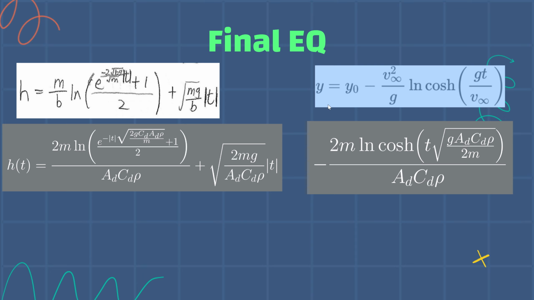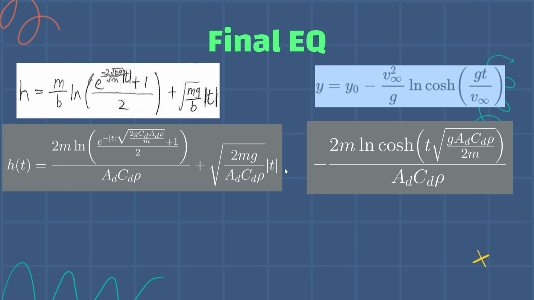Now when we compare this to Wikipedia's equation, which is this one right here, we find some similarities, such as the 2 multiplied by mass, over the common variables of area, coefficient, and air density.